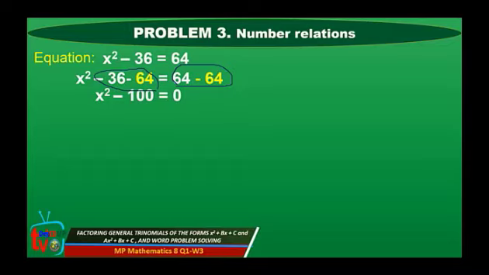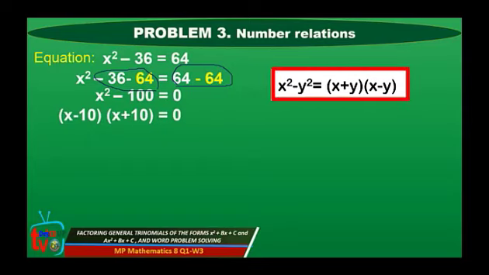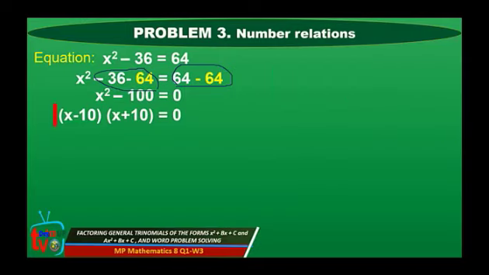We can also factor this using the difference of two squares, or the pattern x squared minus y squared is equal to the quantity x minus y times the quantity x plus y. From here, the factors will be the quantity x minus 10 times the quantity x plus 10 equals 0.